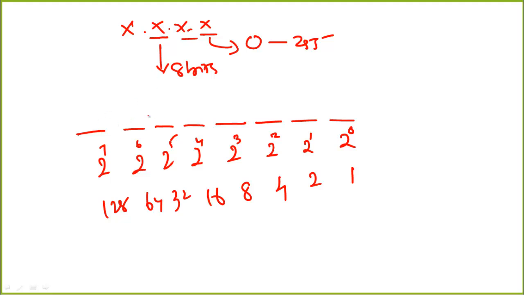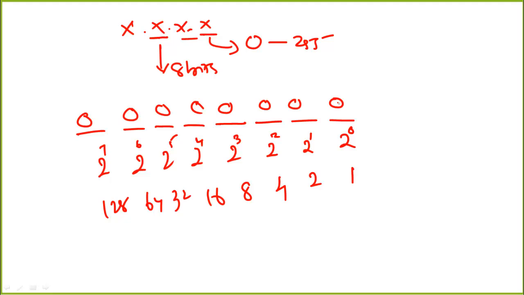Coming to these 8 bits, what is the minimum possible value in all these 8 locations? The minimum possible value could be all zeros, and the maximum possible value could be all ones. In between we have 7 zeros followed by 1, then 10, then 11, then 100, 101, and so on.